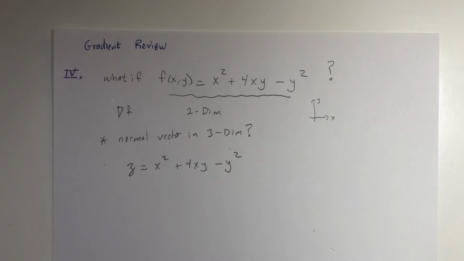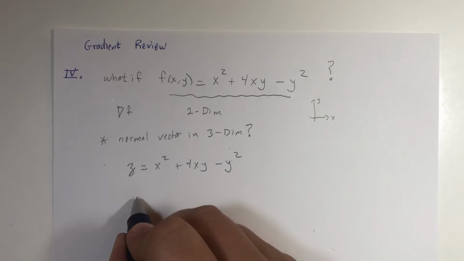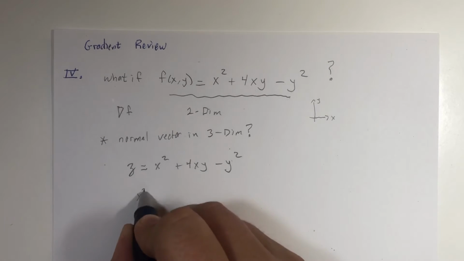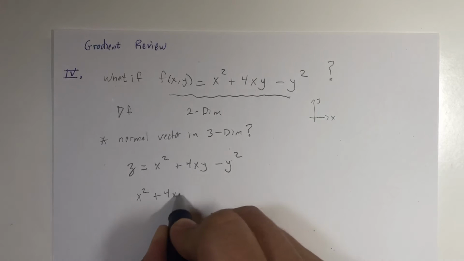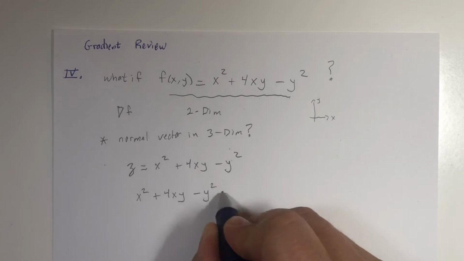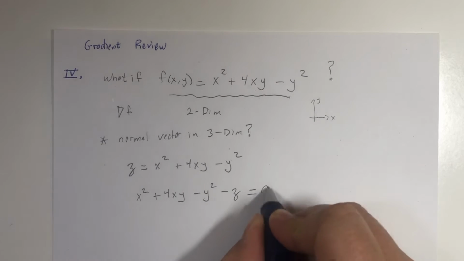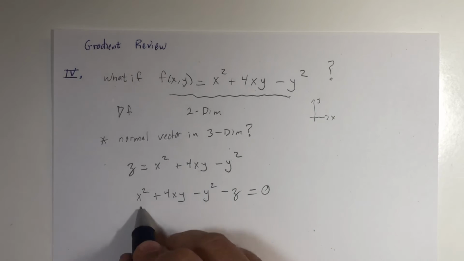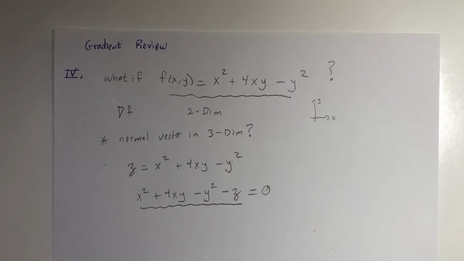Please remember, we don't actually know what this graph looks like, but we know it's a three-dimensional surface of some kind. I like to think if you took the sheet off of your bed and held on with 2 hands and waved it up and down really fast, the graph would look something like that maybe. So, if we were to slide this over, x squared plus 4xy minus y squared minus z equal to 0, then this now has 3 variables in it.